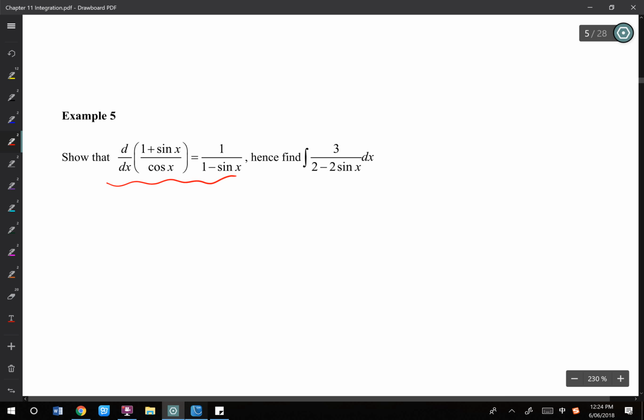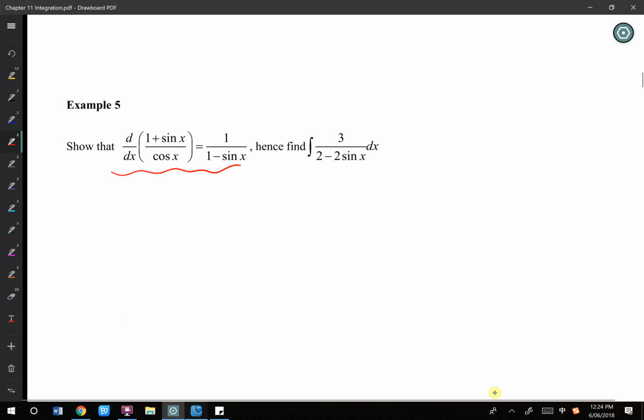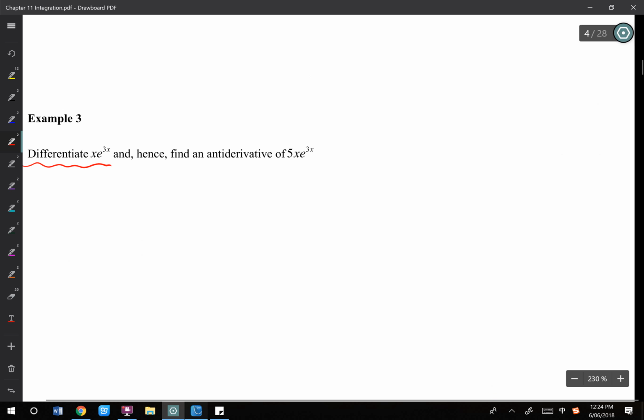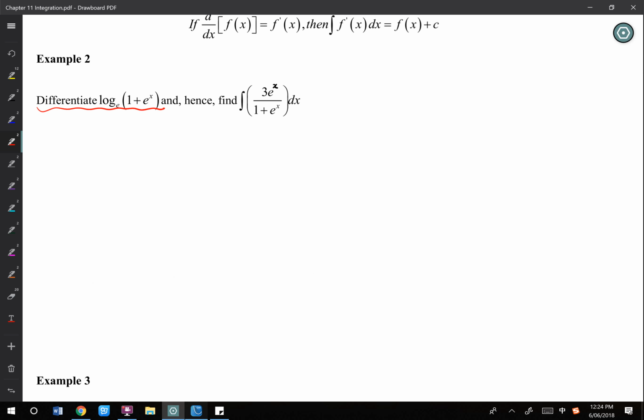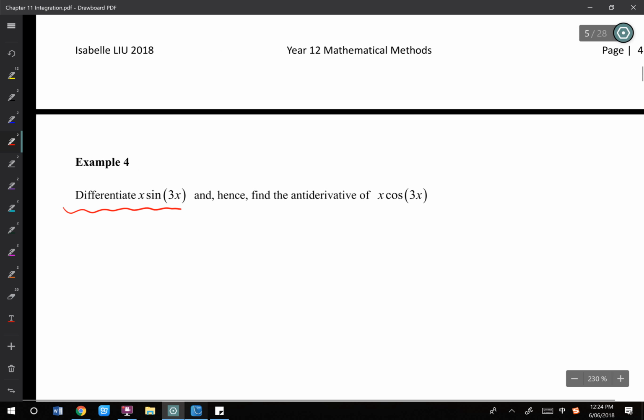Okay, 4 questions. 5 minutes for 1 question. If you still have difficulty with the 8 questions we just did, revise on that first. Try to remember the rule first. If you have no problem, diff those 4 things. I don't want to give you a lot of time in class to diff that. You do that now. 4 differentiation.